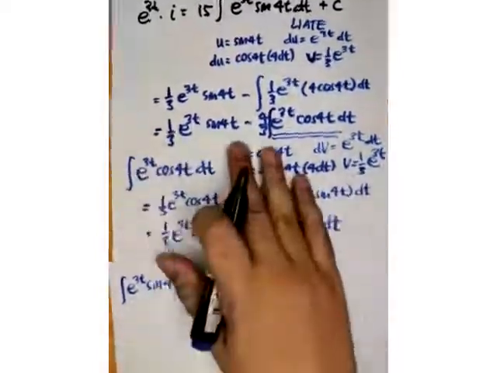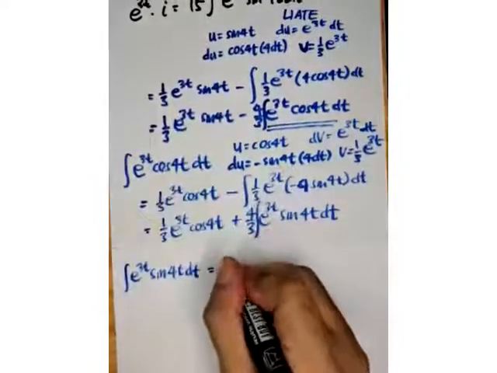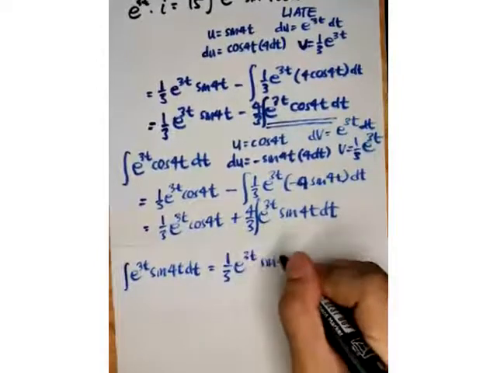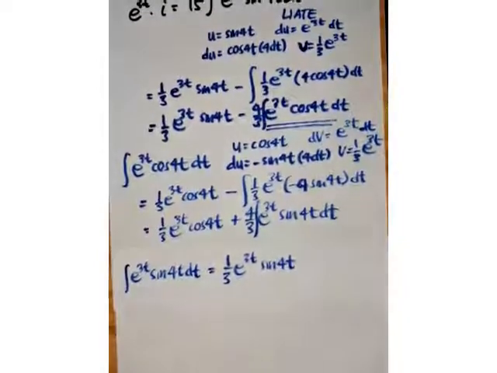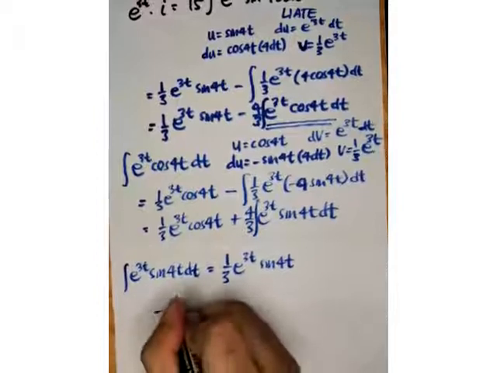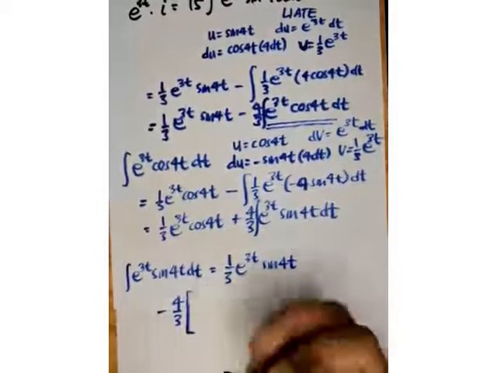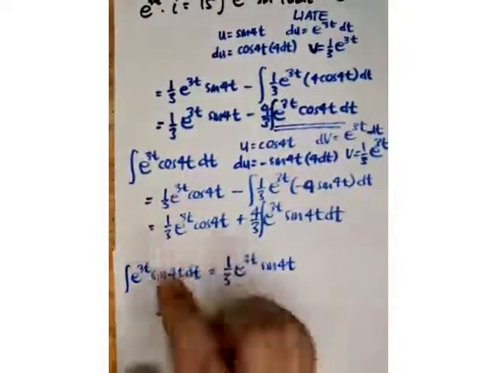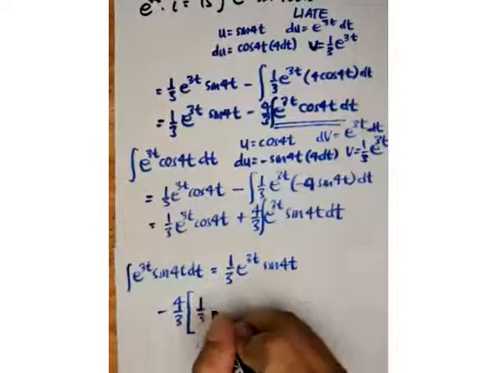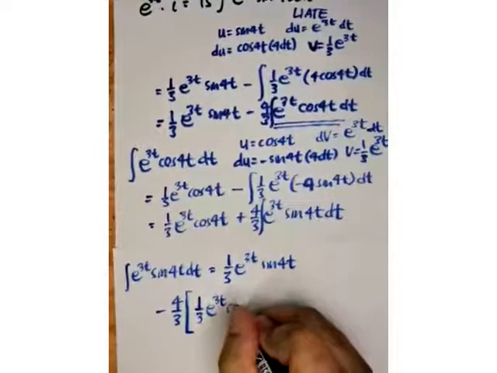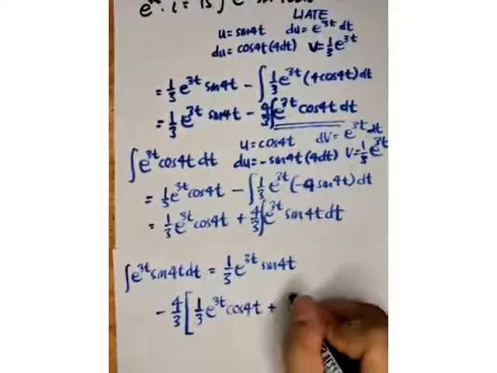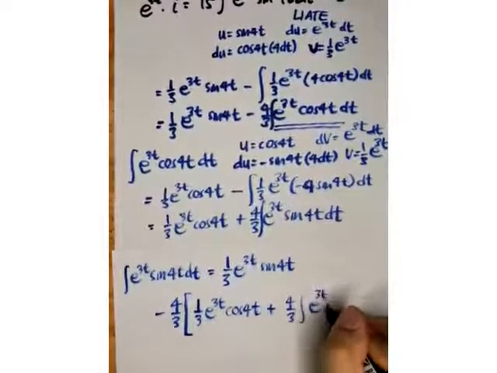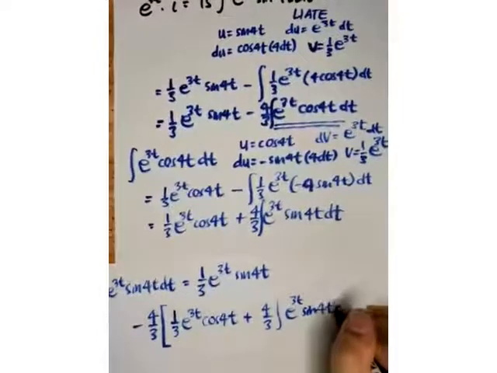So, that's equal to, so yung unang part, ito, 1/3 e raised to 3t sine 4t minus 4/3 the quantity. Kasi ang buong ito ay ito. So, kung ito ay this one. 1/3 e raised to 3t cosine 4t plus 4/3 the integral of e raised to 3t sine 4t dt.